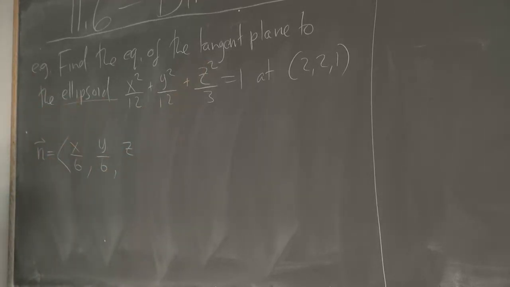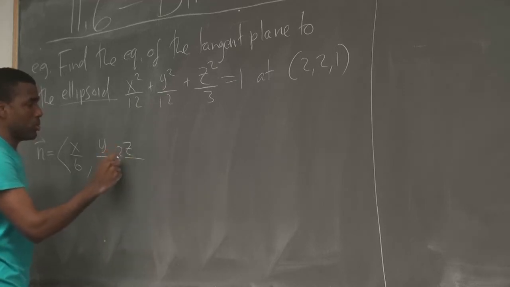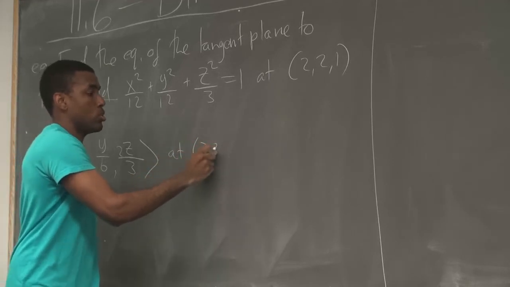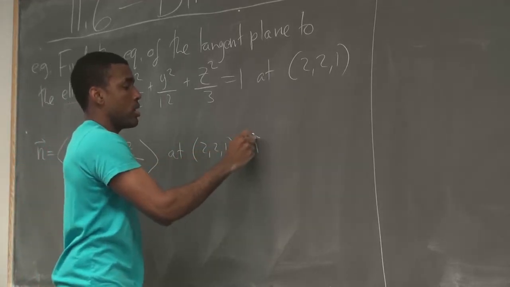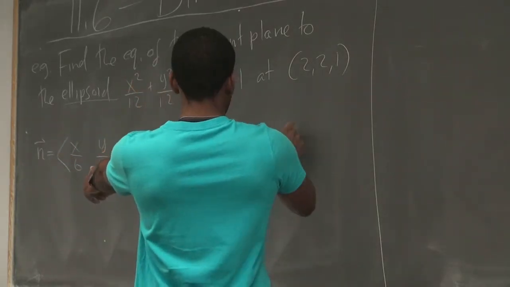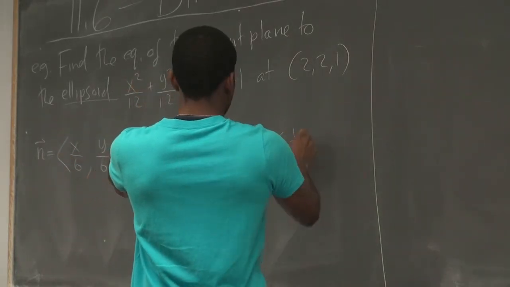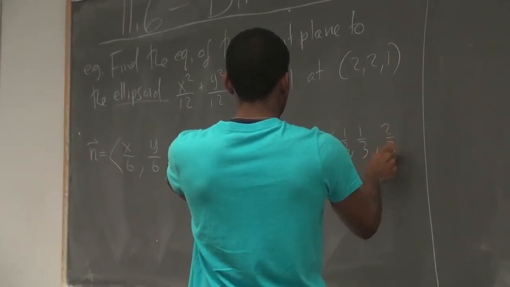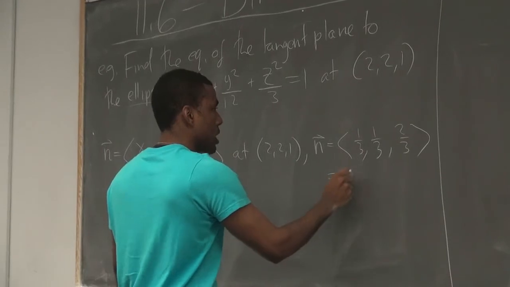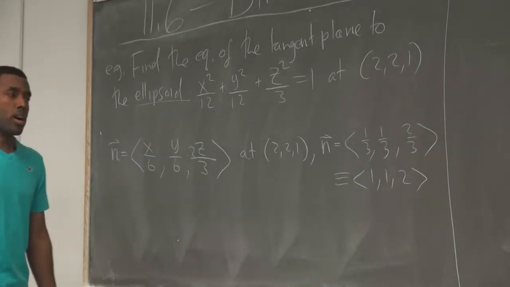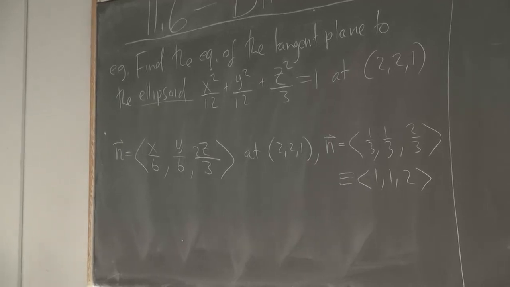Why is there a 2 in the ellipsoid? So it's 2z over 3. So at 2, 2, 1, your n would be: x is 2, so a third, y is 2, that's also a third, z is 1, that's 2/3, which is equivalent to 1, 1, 2. I can take anything parallel, the general direction is what matters here.